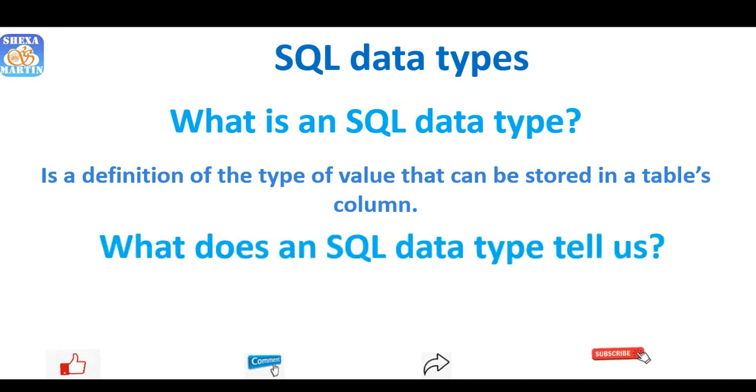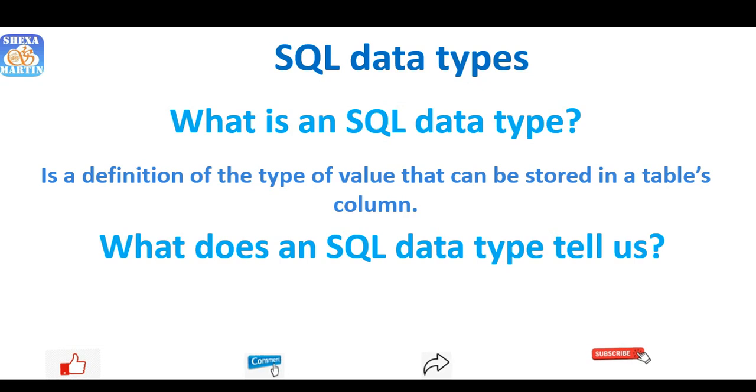And somebody can ask, what does an SQL data type tell us? What exactly do we get from an SQL data type? Like I said in the definition, it tells us the type of value, right? And as I said when I differentiated varchar from text, varchar takes less space than text.